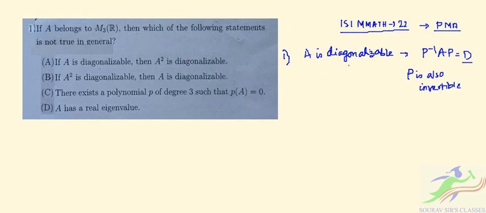When A is diagonalizable, we may write that P inverse A P is equal to some diagonal matrix.